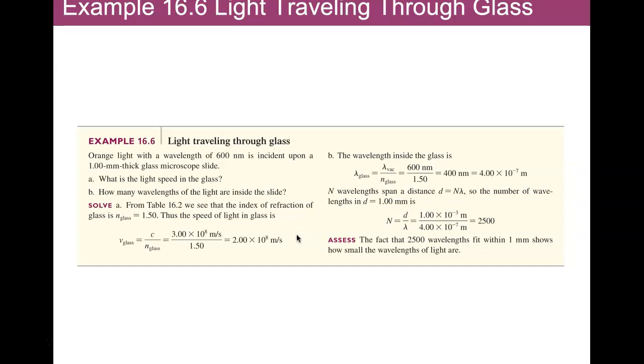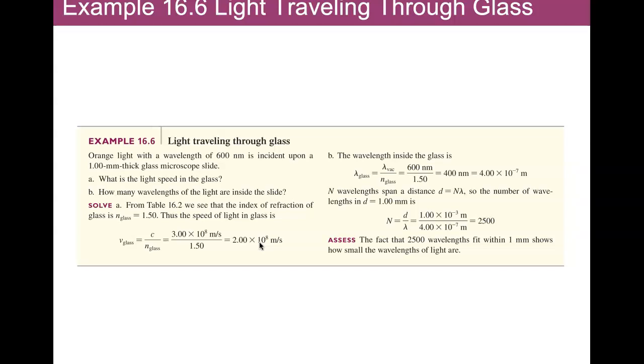First, what is the light speed inside the glass? We know the index of refraction of glass is 1.5, and the speed of light in vacuum is 3 times 10 to the 8 meters per second. You just divide by 1.5 and you find the speed of propagation in glass.